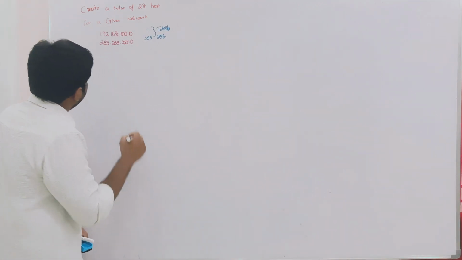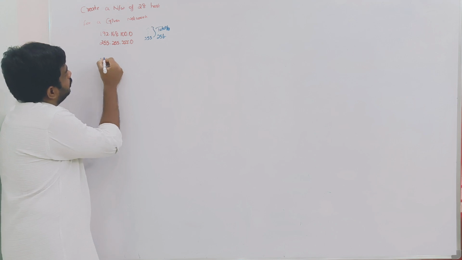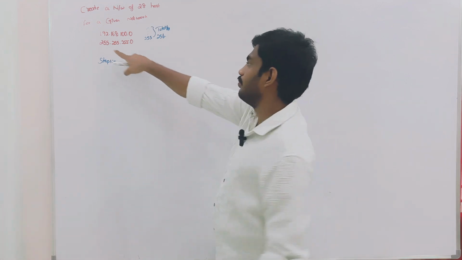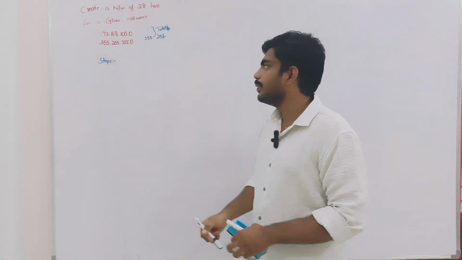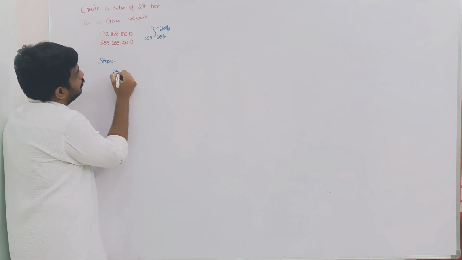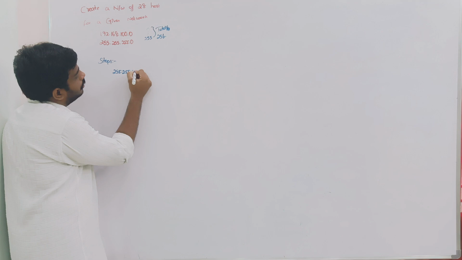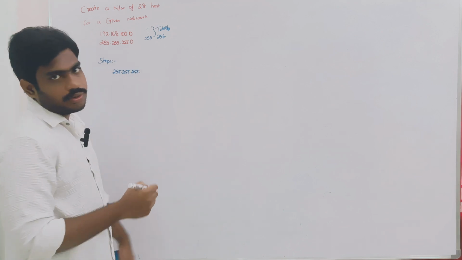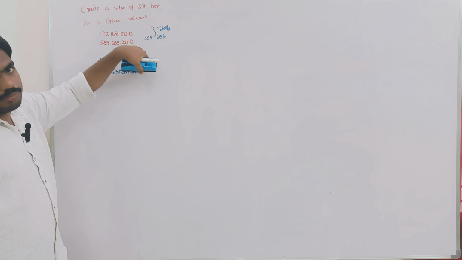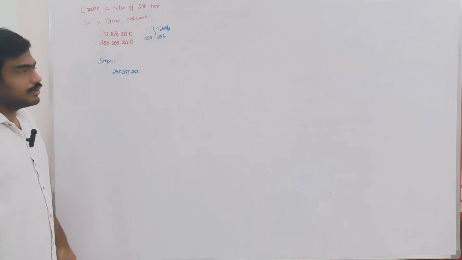So do one thing, take step 1. In this step 1 you take the subnet mask. So what is our subnet mask? 255.255.255. Now the host portion of the subnet mask will be written as binary.